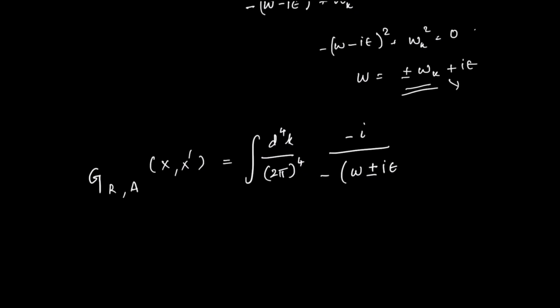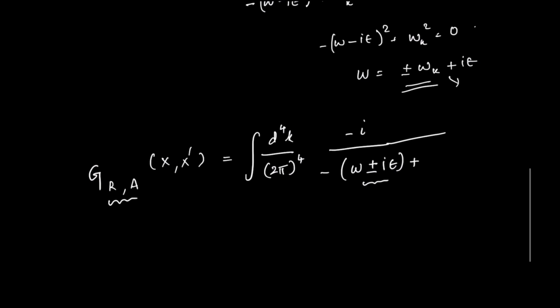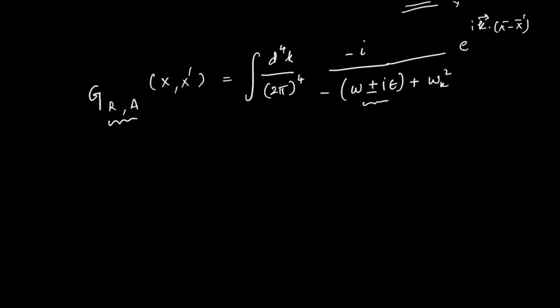If it is the retarded function, it will be plus. If it is advanced, it will be minus. So for both I can write plus or minus. In general, this is a general form, plus omega, k square, e raised to i k dot (x minus x prime). So this is for the retarded and advanced function.